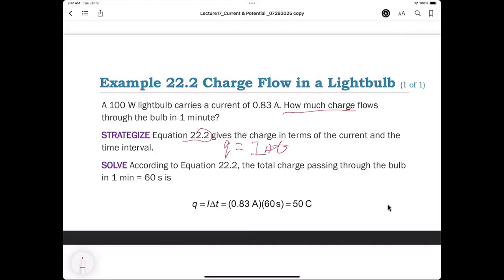So according to this equation, we can calculate the total charge passing through the bulb. I is the current, and t is 1 minute, which is 60 seconds. This is the charge that flows through in 1 minute.